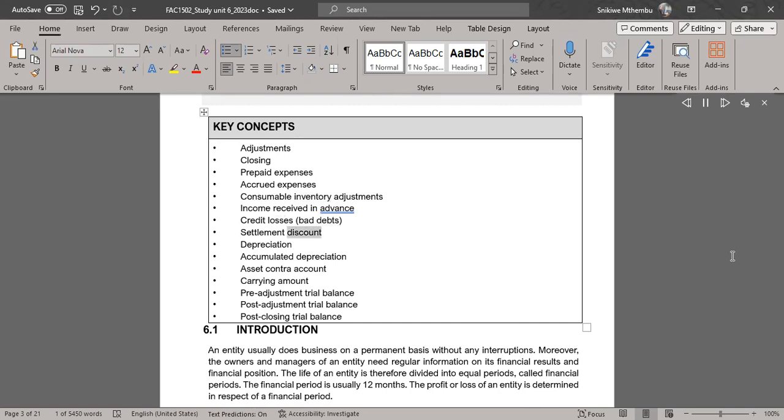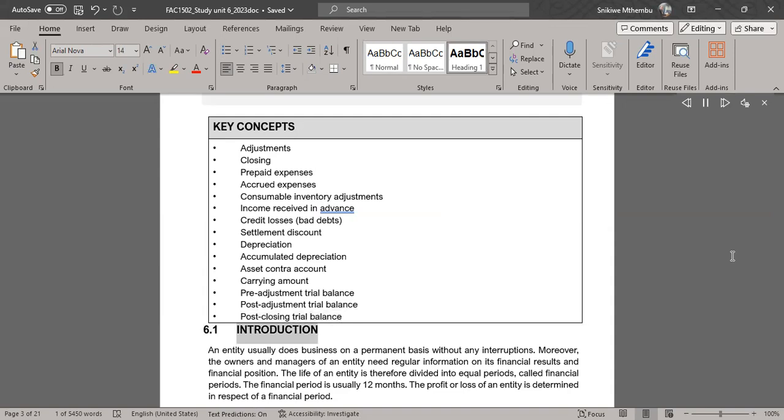Settlement discount. Depreciation. Accumulated depreciation. Asset contra account. Carrying amount. Pre-adjustment trial balance. Post-adjustment trial balance. Post-closing trial balance.